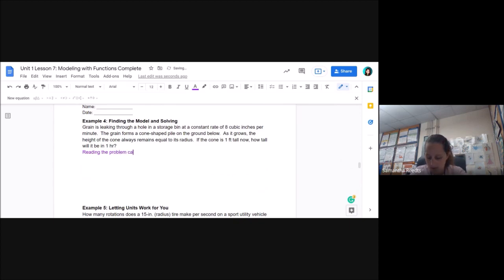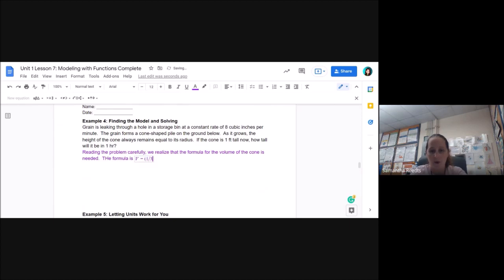Reading the problem carefully, we realize that the formula for the volume of the cone is needed. So the formula is V equals 1/3 pi r squared times the height. A careful reading also reveals that the height and the radius are always equal.